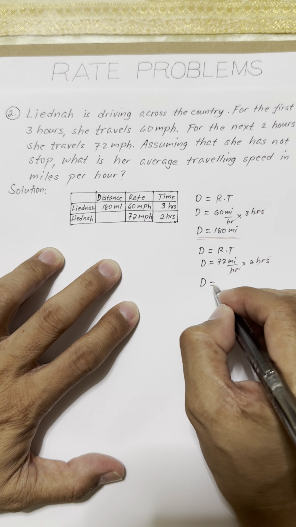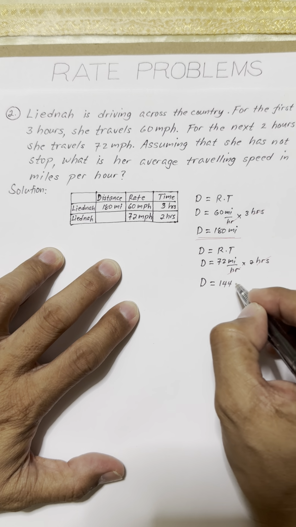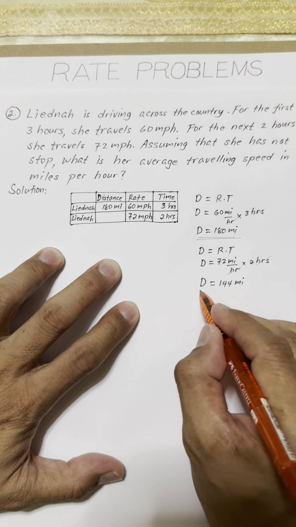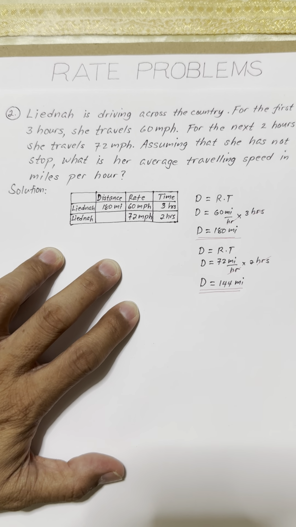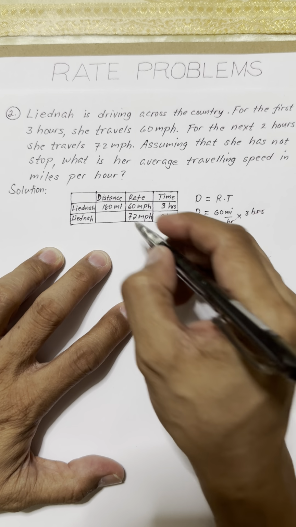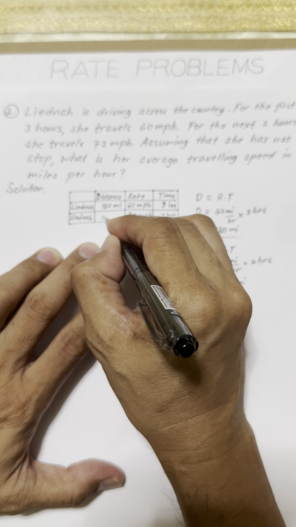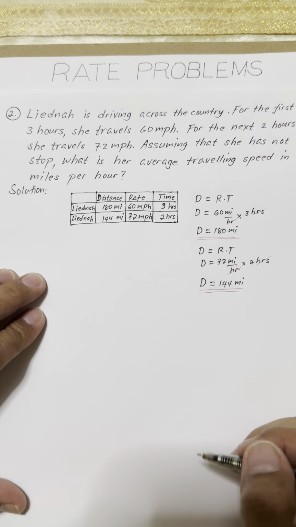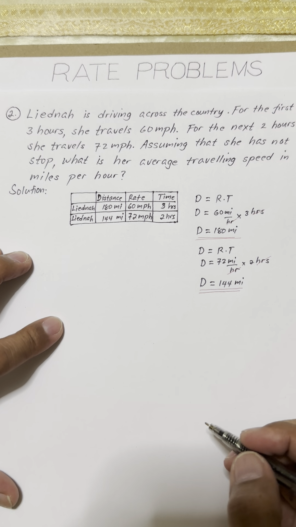So D is equal to 144 miles. Right, so this is the other distance for the next 2 hours: 144 miles.